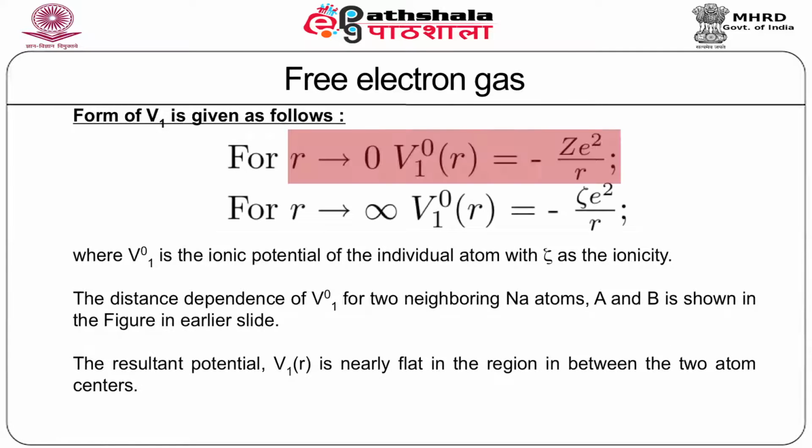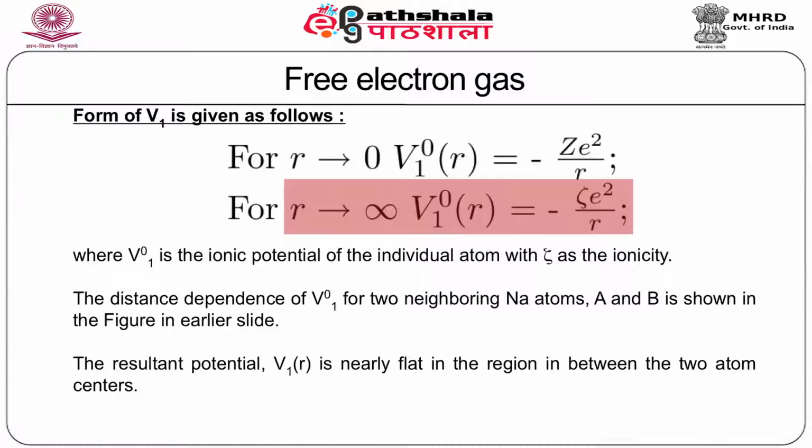For R tending towards 0, when I am close to the ionic site of the sodium atom, this V1, which we call V10, is given by minus Z times e square divided by R, where Z is the atomic number. When R is very large, going to infinity, the variation of V10 is minus eta times e square by R, where eta is the ionicity.